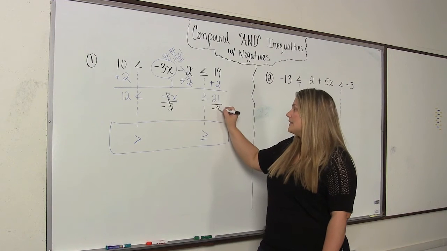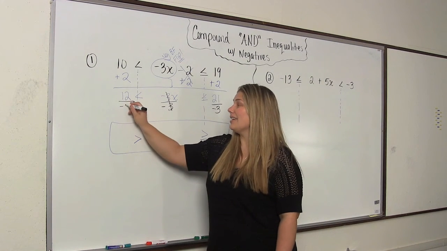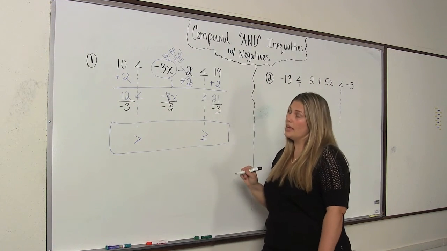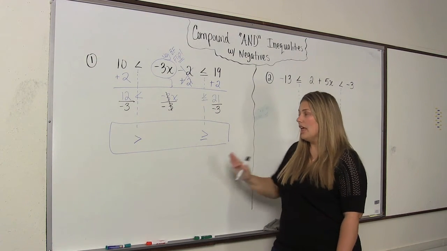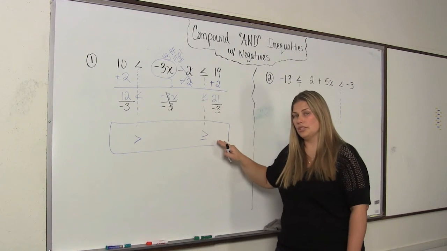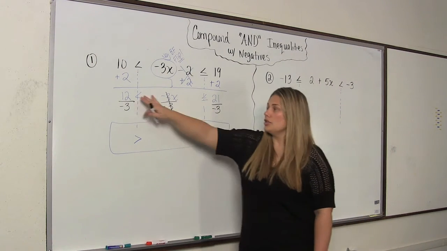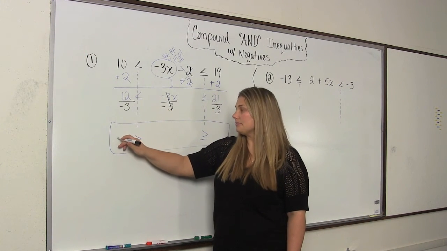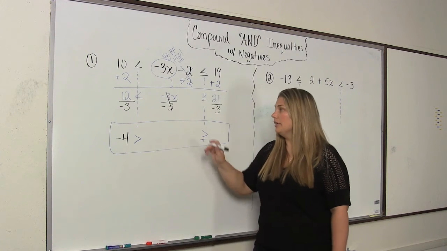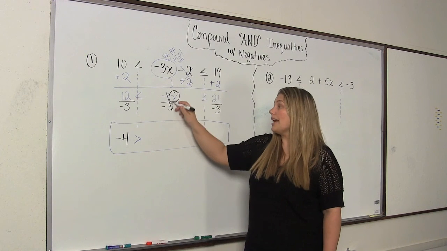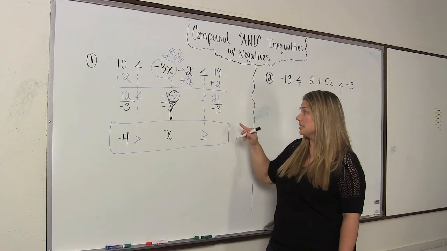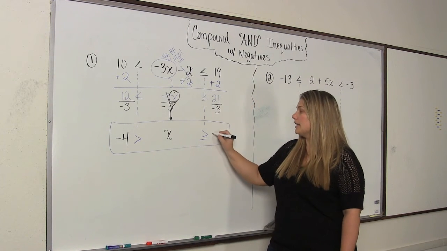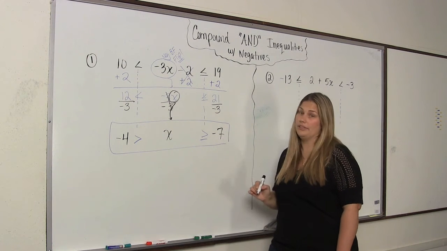And what I do to one side, I have to do the same exact thing to all sides. So since I'm dividing by a negative, that's when my signs are going to flip. So 12 divided by negative 3 is negative 4, is going to be greater than x, which is greater than or equal to 21 divided by negative 3 is negative 7.